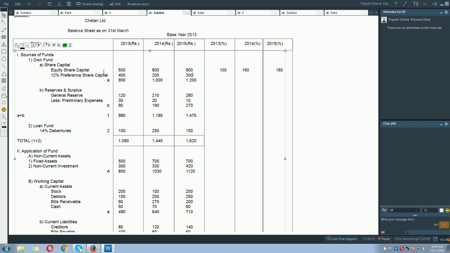Second year 1030 plus 410, we are getting 1440. Third year 1120 plus 500, 1620. So you can see our balance sheet is tallying.